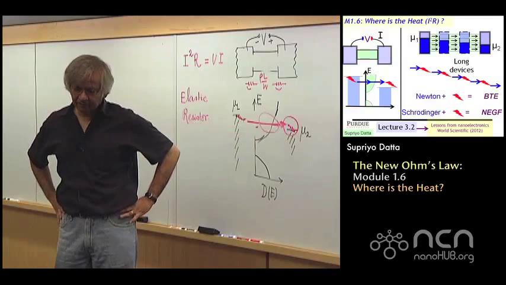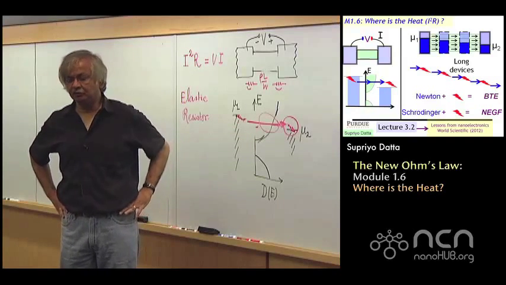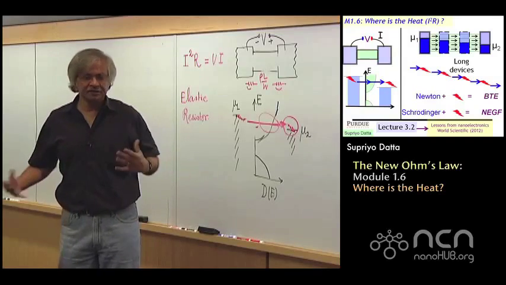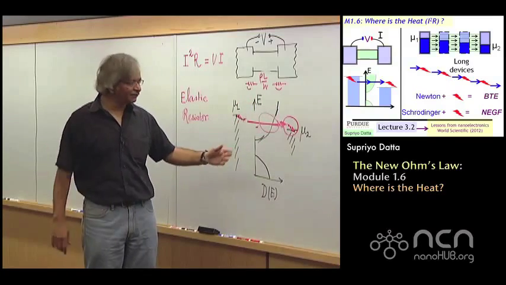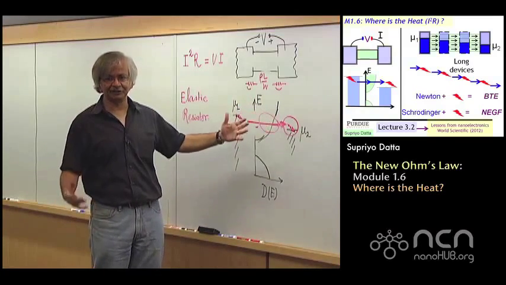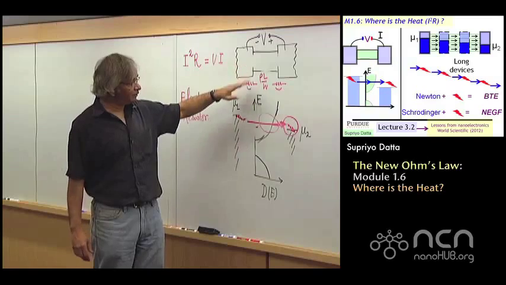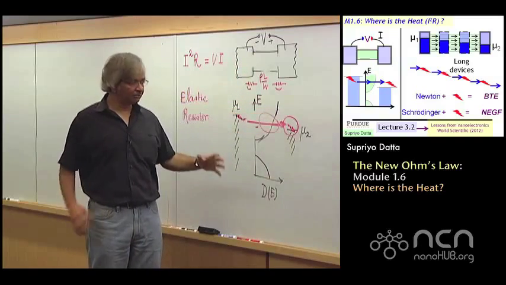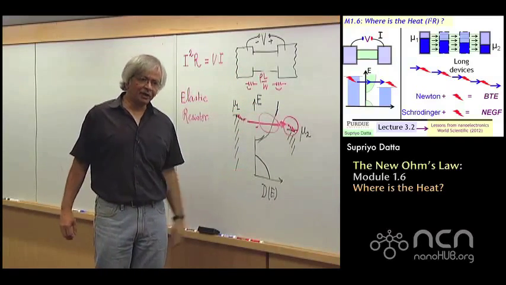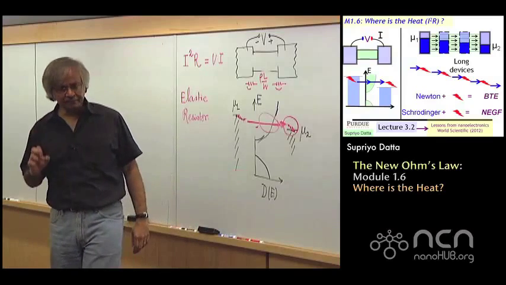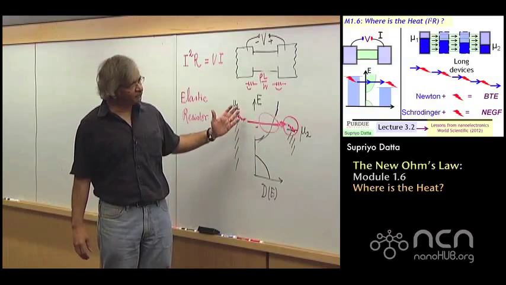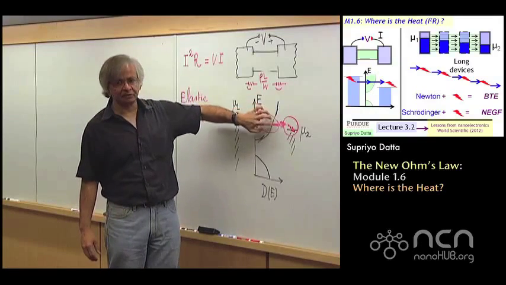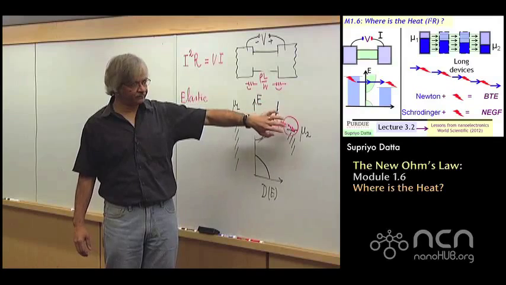But then in the 1980s and 90s, when people started looking at small conductors, that's when suddenly Landauer's model became very relevant because real devices were actually behaving just this way, like an elastic resistor, where energy was actually dissipated mostly in the contacts. But the point I want to stress is that this conceptual viewpoint is really very useful because it separates out these two types of things here.